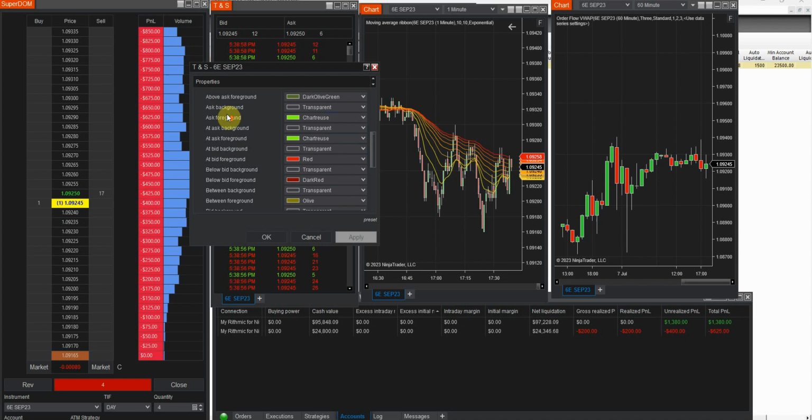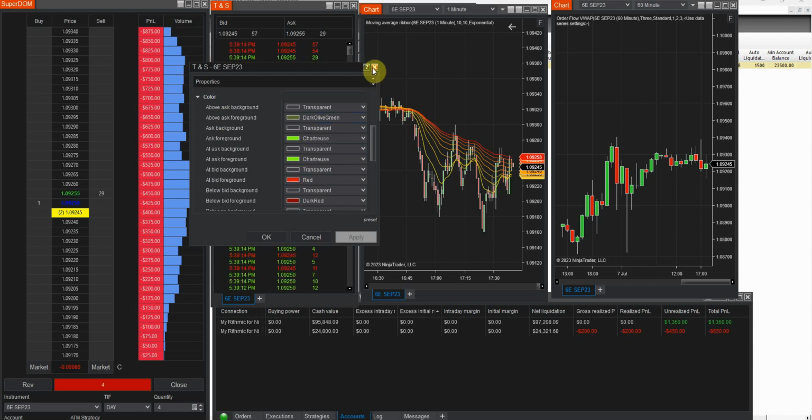For example, if there's been a trade above the ask, it'll come in as an olive green. Basically, there are more orders coming in than the ask could fulfill at that time, so there's, I guess, slippage. And same for the bid. Below the bid has a different color.